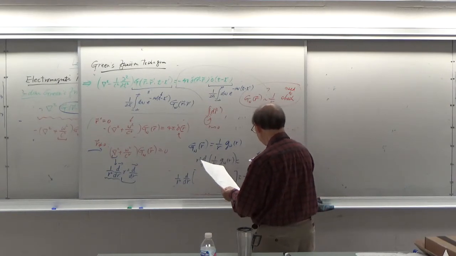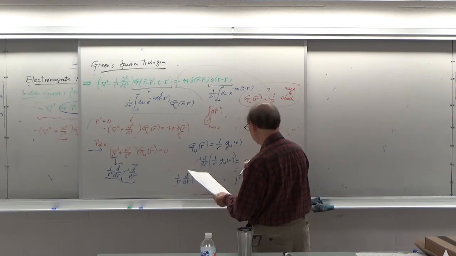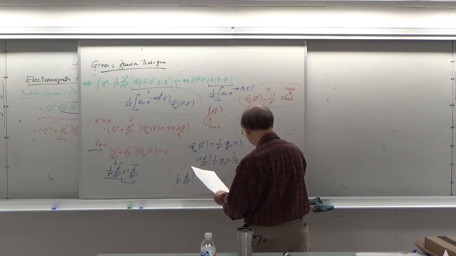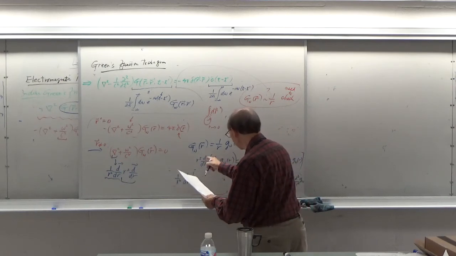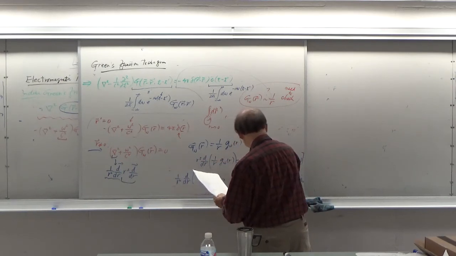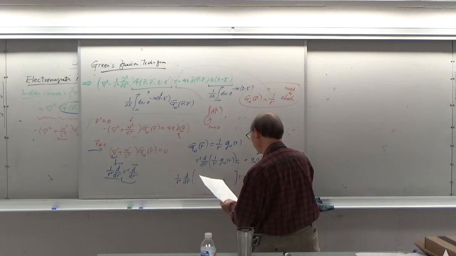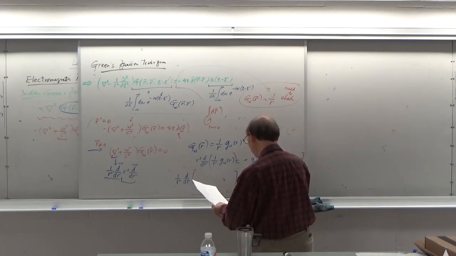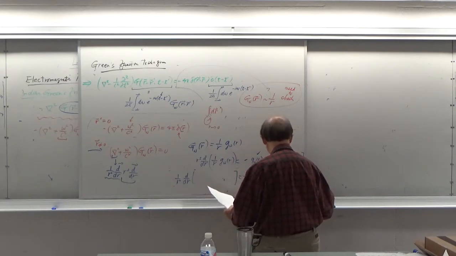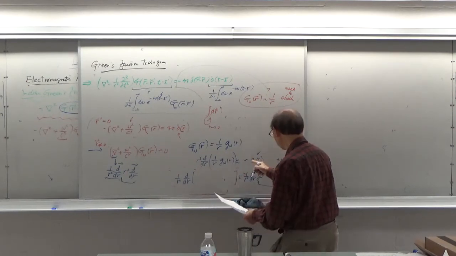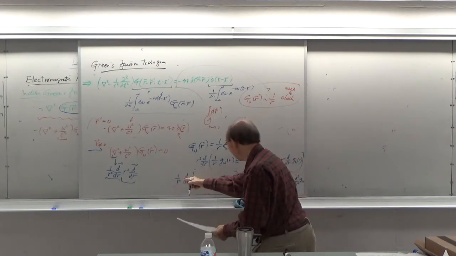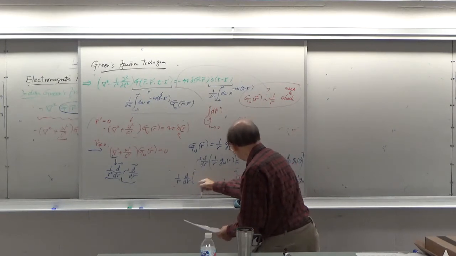Oh, there's a minus sign here. I just erased it. Somehow I got it wrong, because d by dr on this one, there's a minus sign. So one of them is minus. There's a minus sign that comes from this minus sign: 1 over r squared, minus sign, d by dr acting on this.